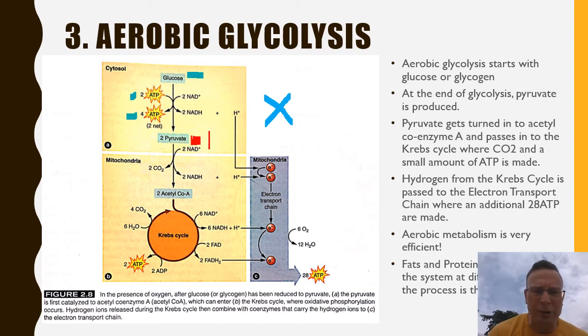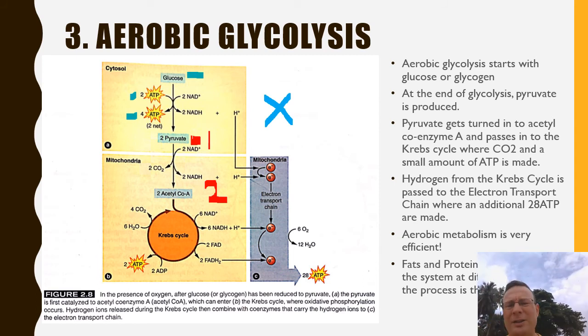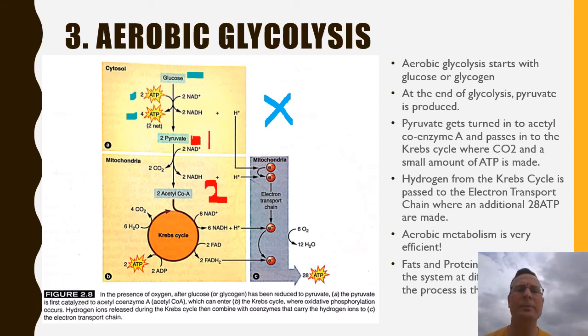Now, in this model, we move on to this stage here: acetyl coenzyme A being created from that pyruvate. If you remember the previous model, the pyruvate, in the absence of oxygen, turned into lactic acid.